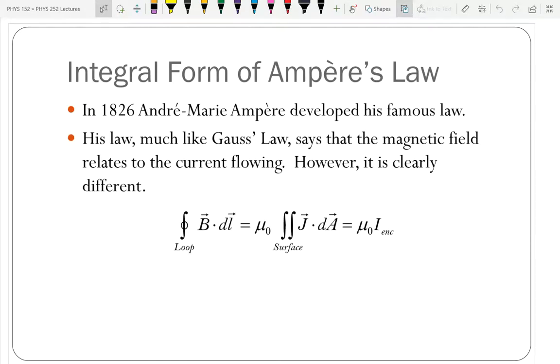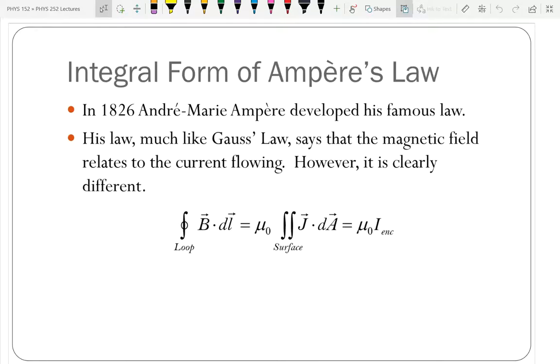You see this here, double integral over the surface, right? Because it's a two-dimensional surface that is enclosed by a loop. And then J here, notice J is a vector. J is the current density dotted with dA, the little piece of the surface area. The current density has a direction.